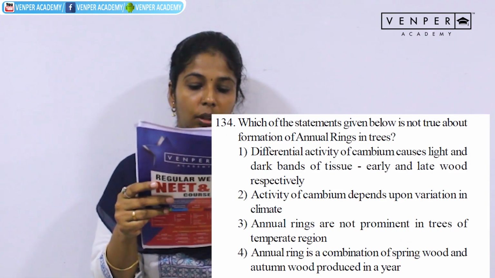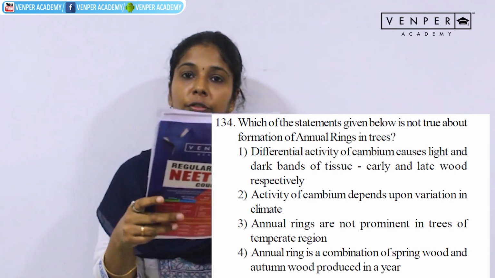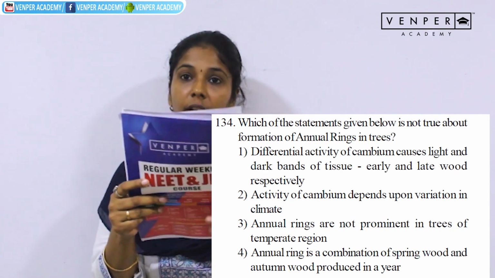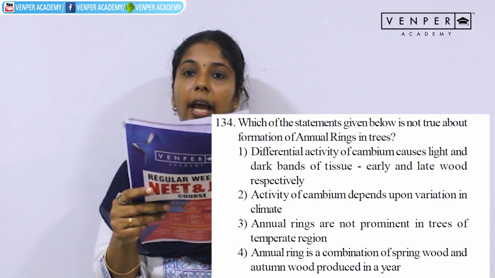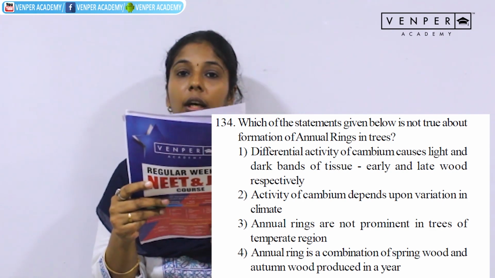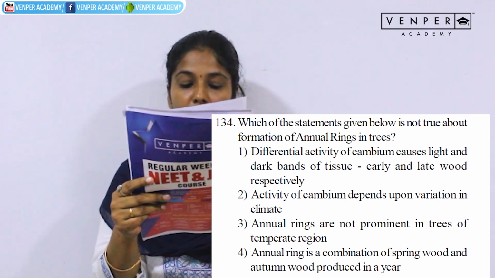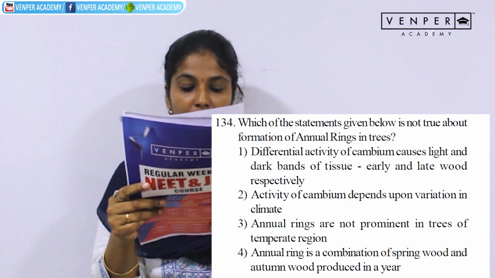Question number 134. Which of the statements given below is not true about formation of annual rings in trees? Option 1, differential activity of cambium causes light and dark bands of tissue, early and late wood respectively. Option 2, activity of cambium depends upon variation in climate.